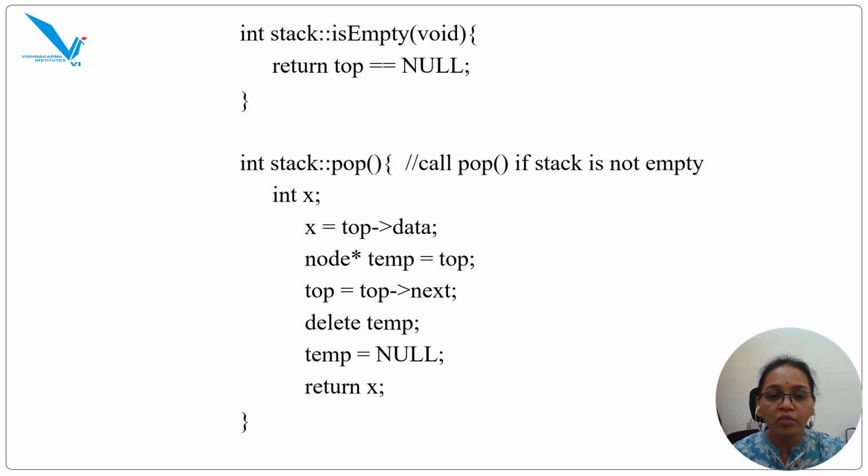Then you have to do top is equal to top of next. You have to decrement the top. So top will point to the next element which is in a list. And then you have to delete the temp, right? Temp was pointing to the top and you have decremented the top now. So whatever the element the temp is pointing, that you have to delete. You have to set it to null also, and then return x. So x will contain the value you just popped out.